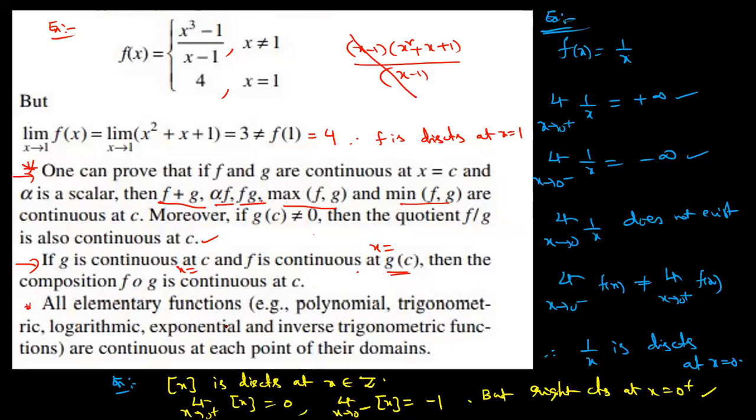So all elementary functions, for example, every polynomial function is a continuous function, dear students. Keep in your mind. Every trigonometric, logarithmic, exponential, and inverse trigonometric function is always continuous at each point of their domains.